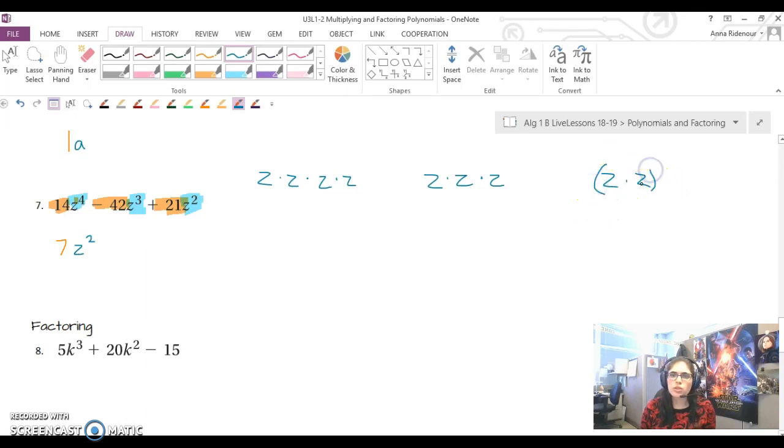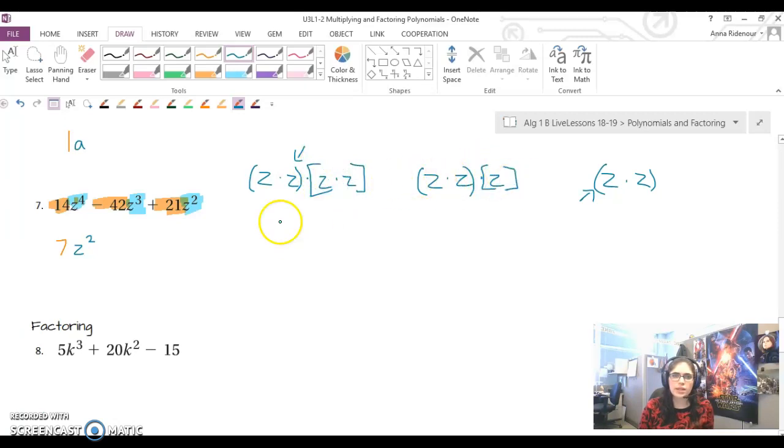So if I just want to figure out what the greatest common factor is, 2 is the smallest amount of z's that I'm multiplying together. And then for each of these, I can just put some parentheses around 2 z's. And you can see that I'm just multiplying those 2 z's times something else.